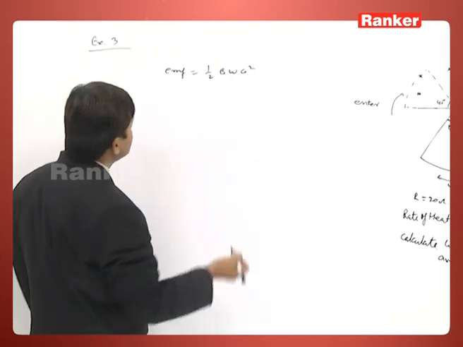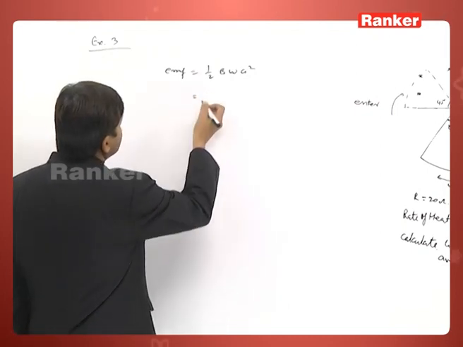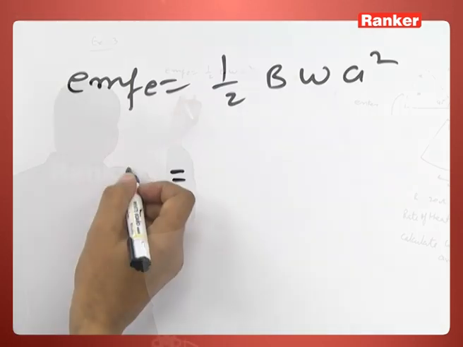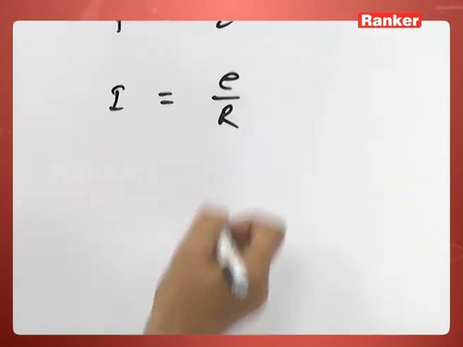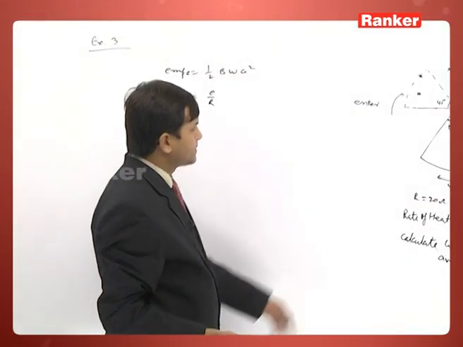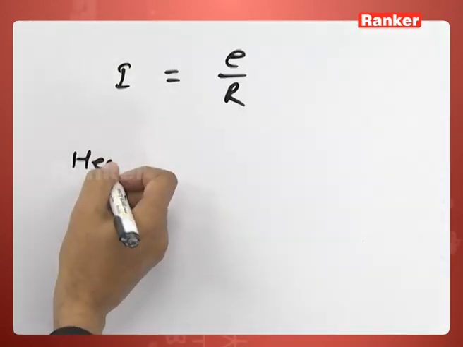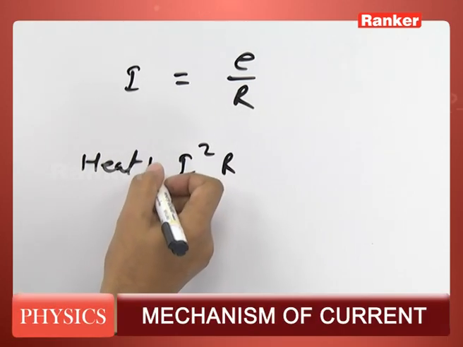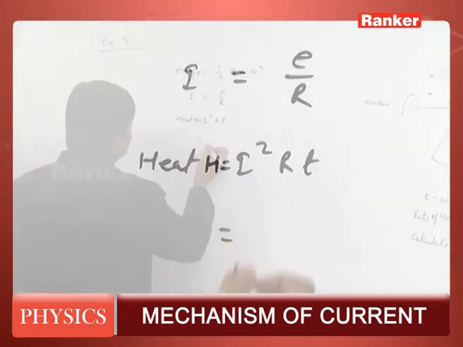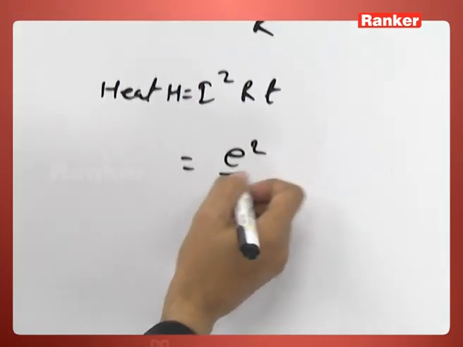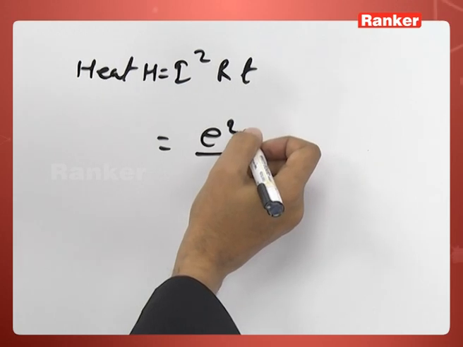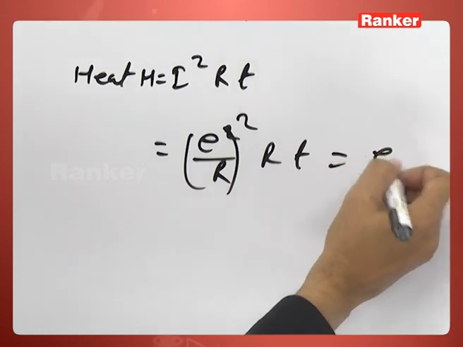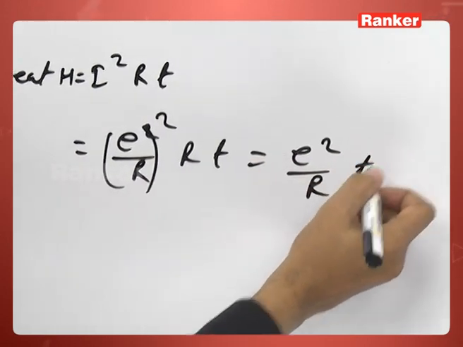Let that be E. So current I is E by R. The heat is I square R into T. Now I square means E by R whole square, into RT, or E square by R into T.